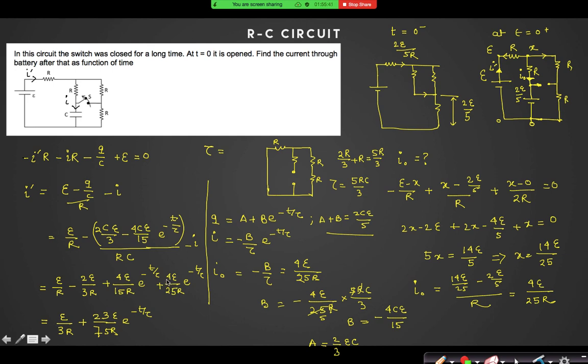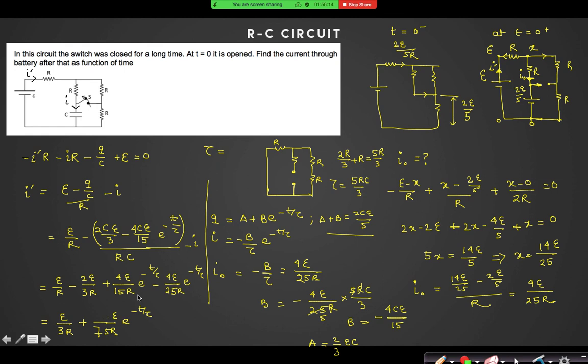Which one will be minus? It will be 40 by 25R, with a minus before it, because minus I is there. Sorry, I is minus B by tau and B is negative. Yes, that will be minus. B is negative. I have taken B positive.